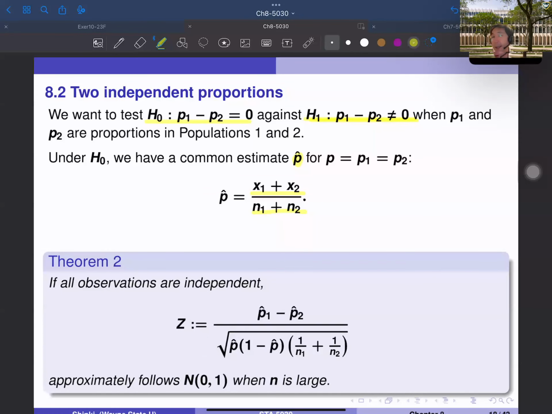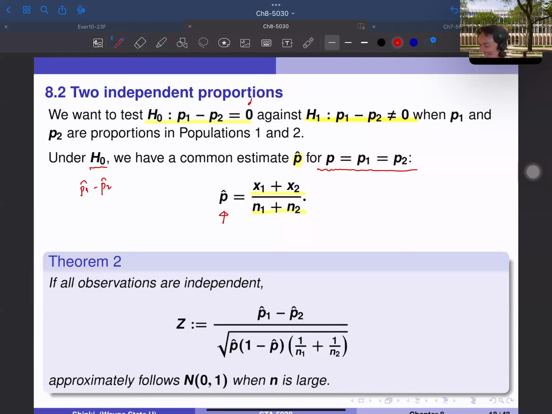So we combine the two samples, X1 out of N1 and X2 out of N2, and calculate P hat, because we have to calculate the distribution of P1 hat minus P2 hat under the null hypothesis. And under the null hypothesis, P1 and P2 are the same, so we can use the entire information to estimate one P hat.